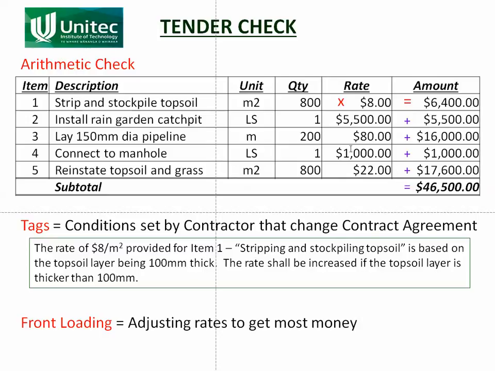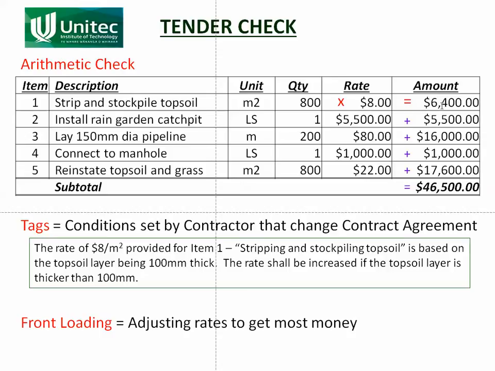They are not allowed to change their price if they've made a mistake. So this bottom line has to stay where it is. The tenderer who's made an arithmetic error is offered a choice. The consultant will say, you've made an arithmetic error, so maybe he multiplied 800 by 8 and ended up with $640.